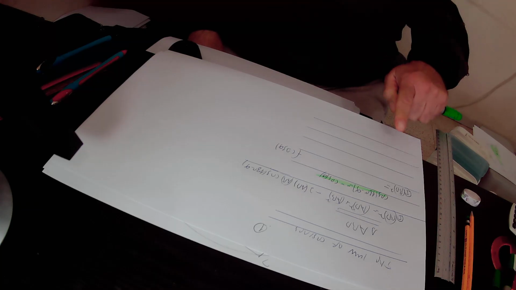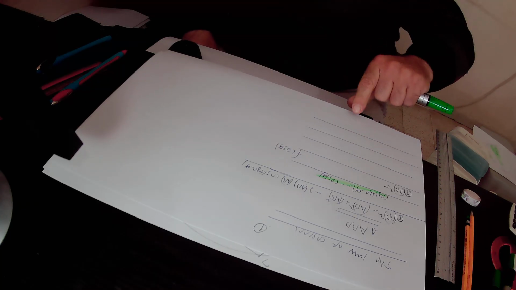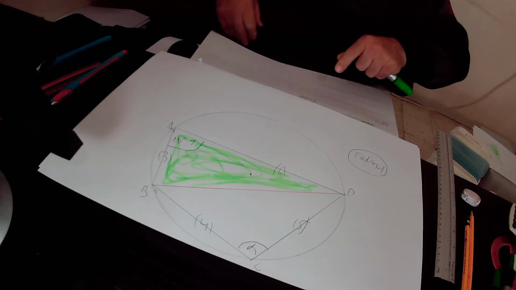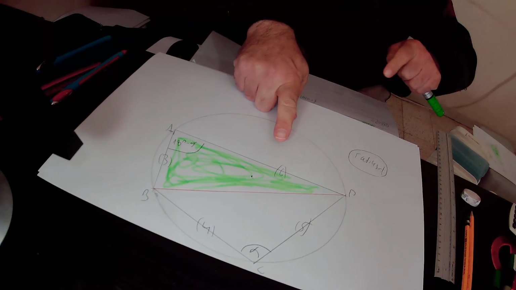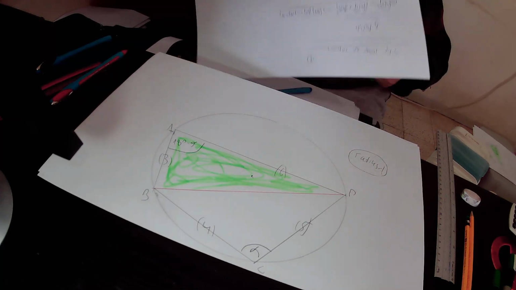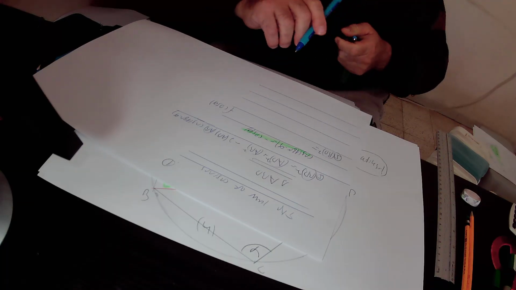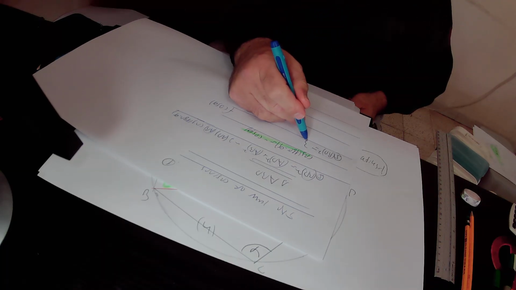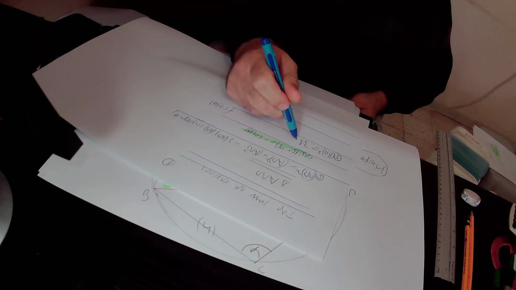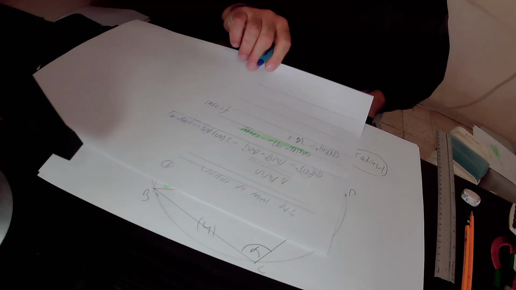And again, BD squared equals AD squared. AD is 6, therefore AD squared is 6 squared, it is 36. Plus AB squared.